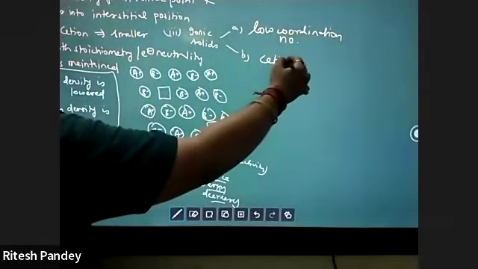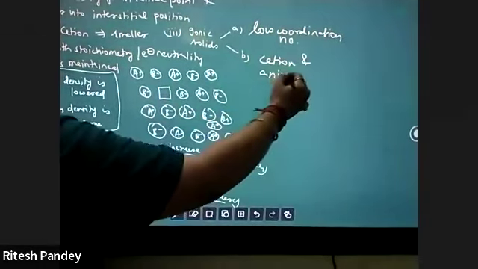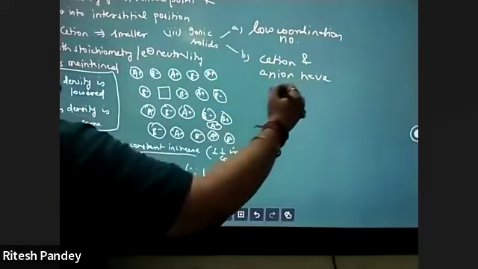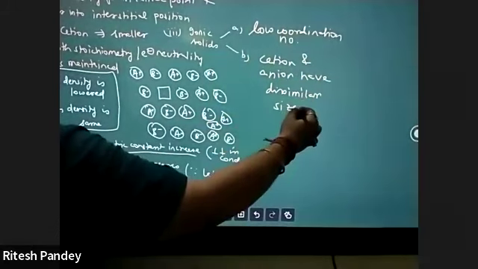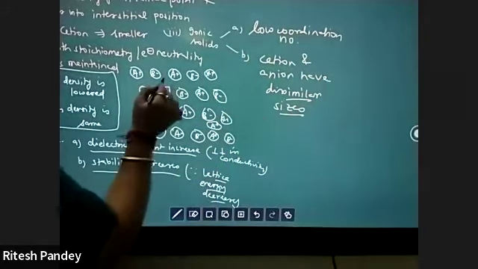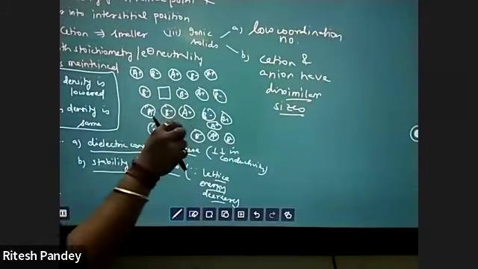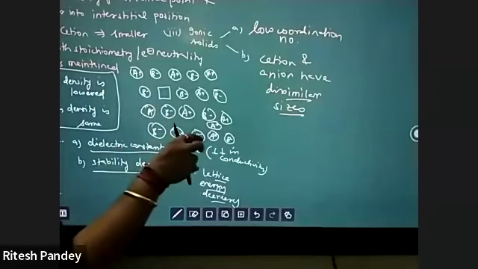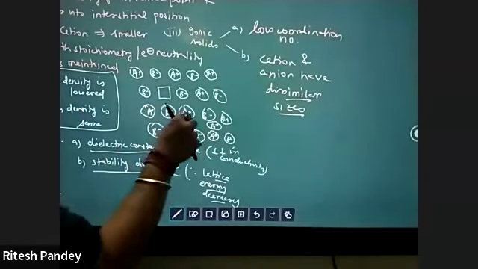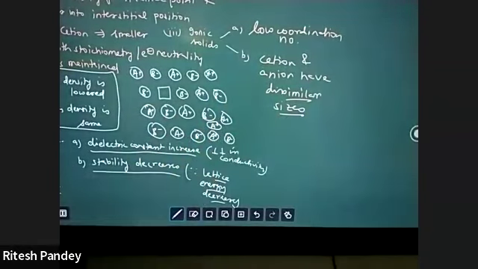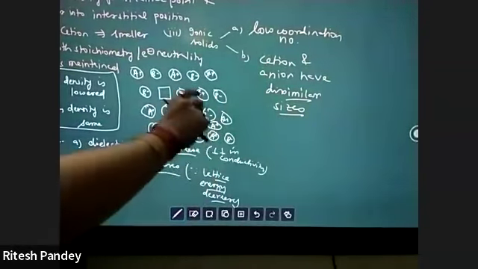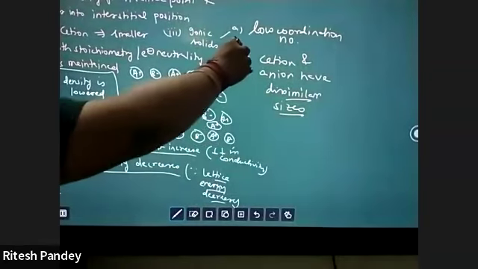And this is when cation and anion have dissimilar sizes. Again, this is not hard to understand, because only if the sizes are dissimilar could the anion hide in the layers. So generally here the anion is far smaller than the cation. So there's one basic point you'll want to remember.